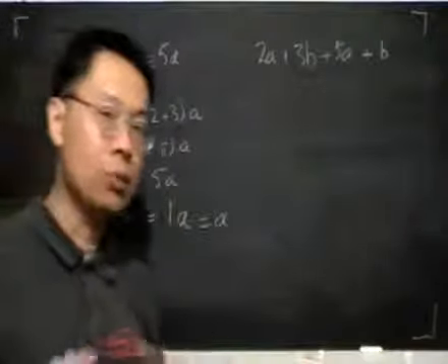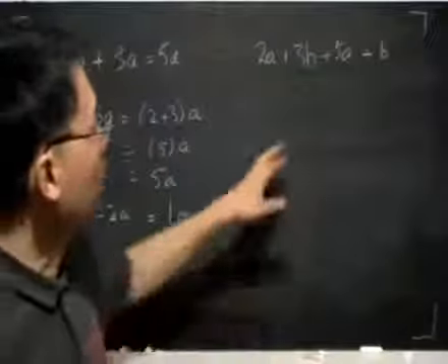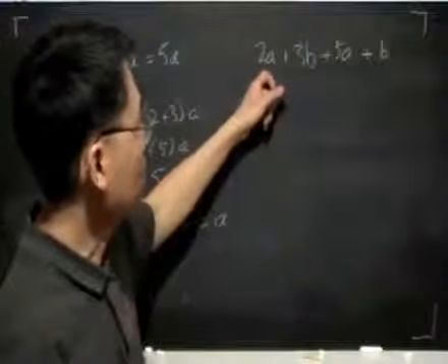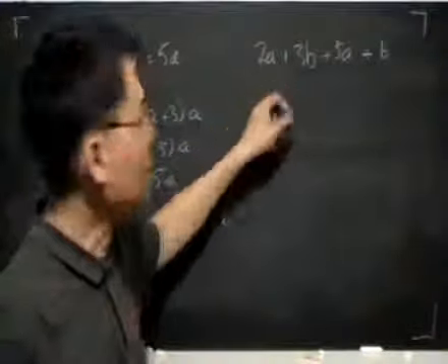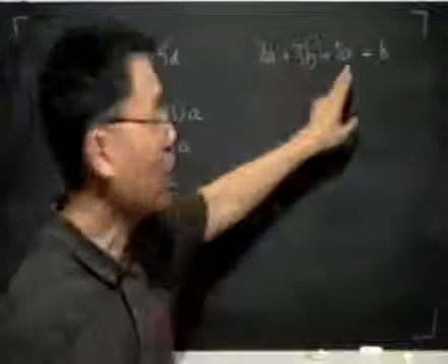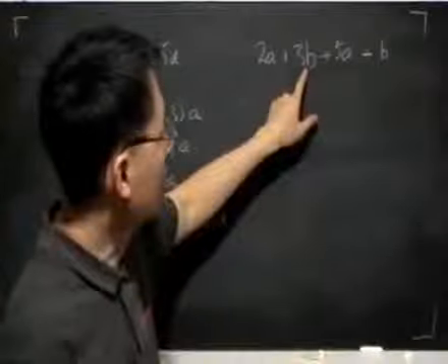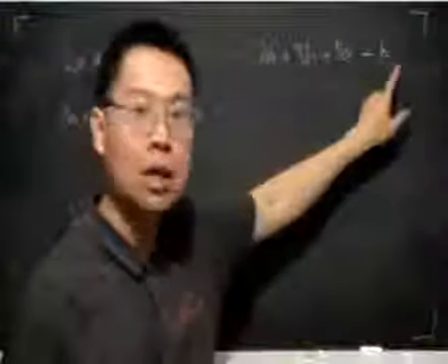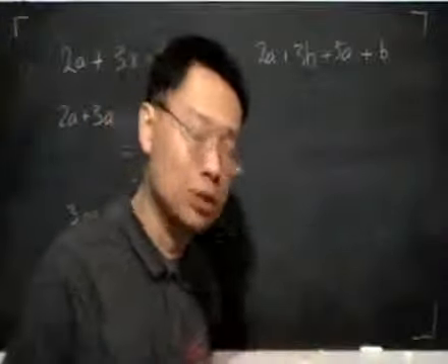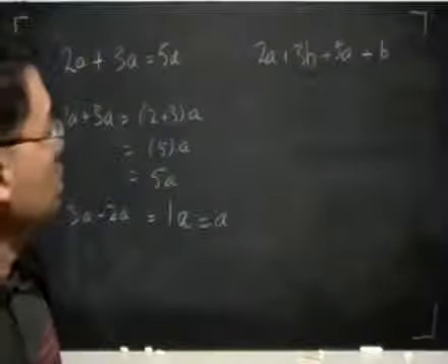So in this case, what we have is a situation where there are some terms which can be simplified. If you pick up the 2a and the 5a, you can add them. If you pick out the 3b and the b, you can add those.